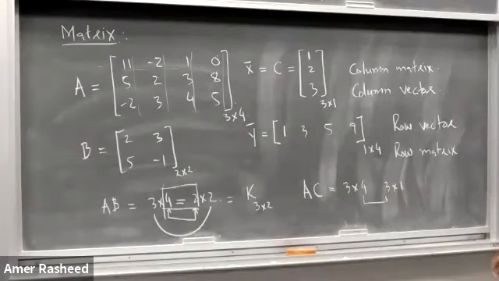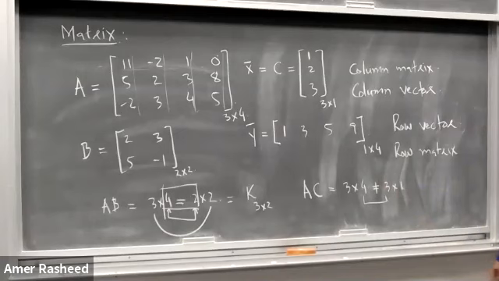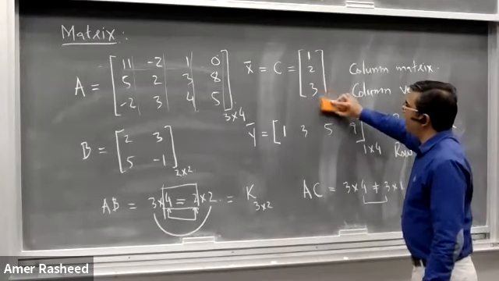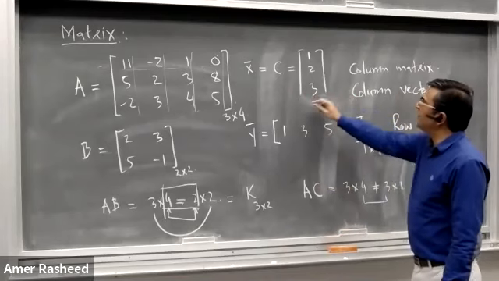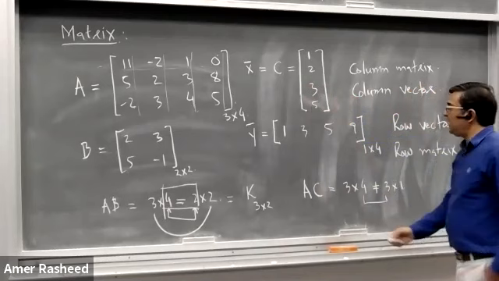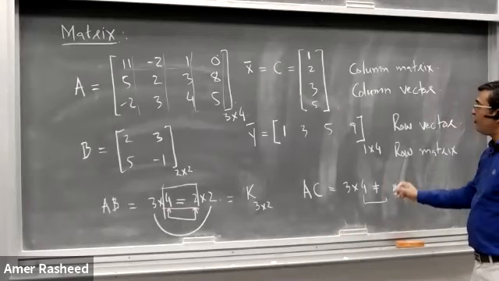The columns of the first matrix and the rows of the second matrix are not equal here, so these two matrices are not multiplicable. If we write another entry here, 1, 2, 3, and some other entry, maybe 5, then the order of C becomes 4 rows, 1 column.